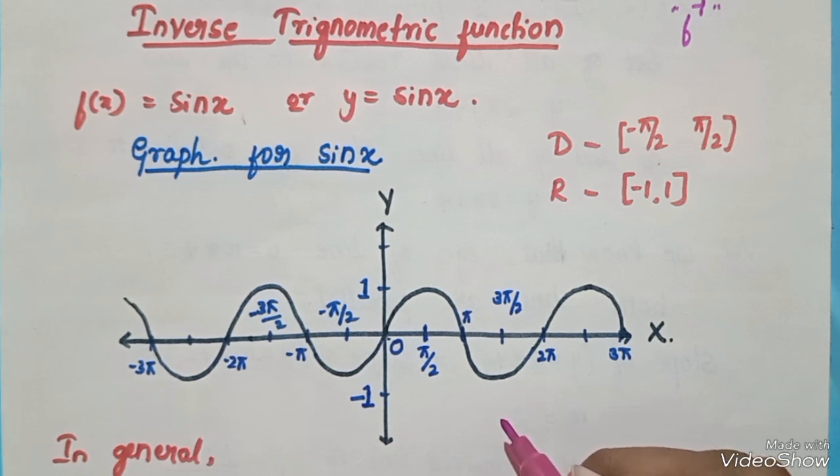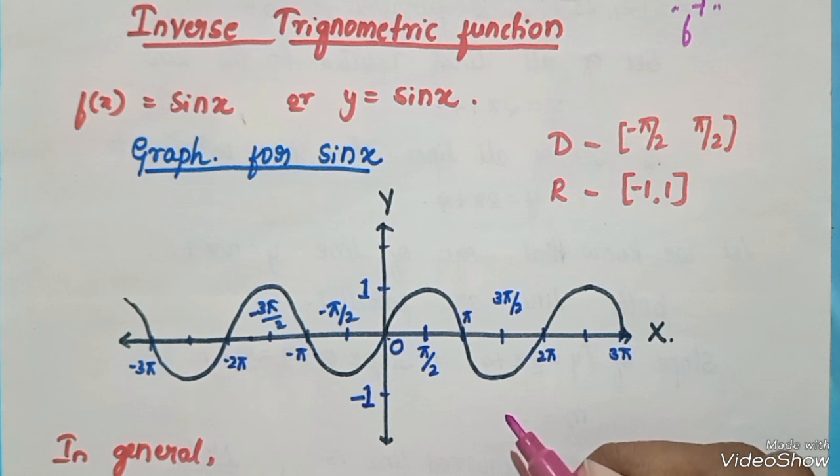Otherwise, we can't write any inverse. There are many functions which are not one-one, onto, or both, hence we can't talk about their inverse.